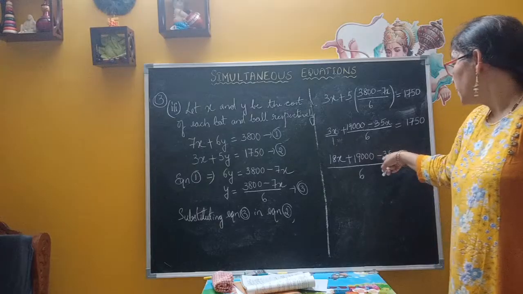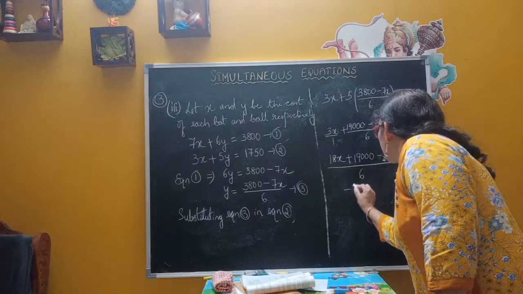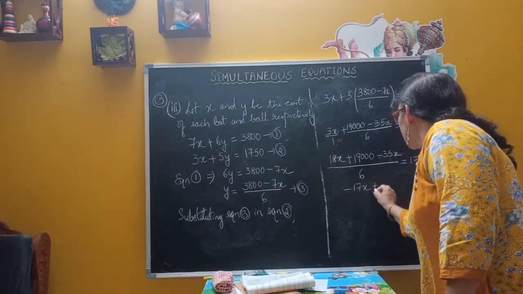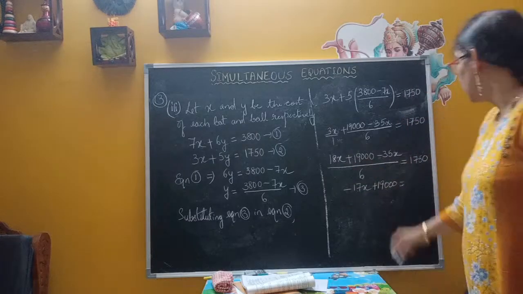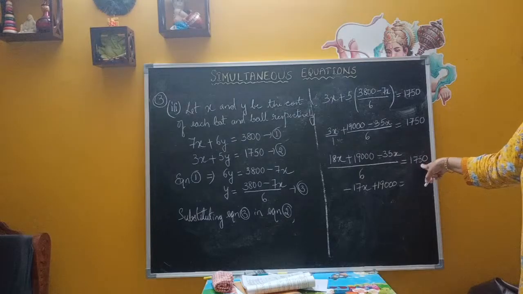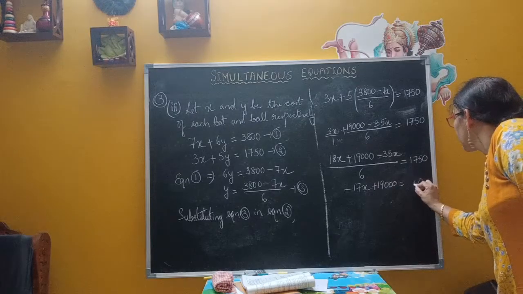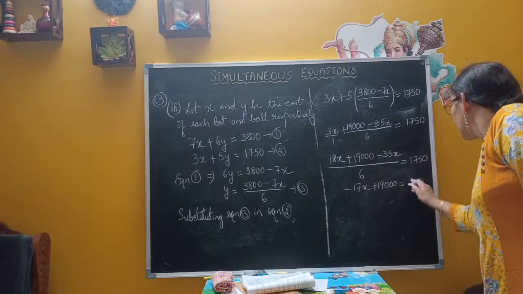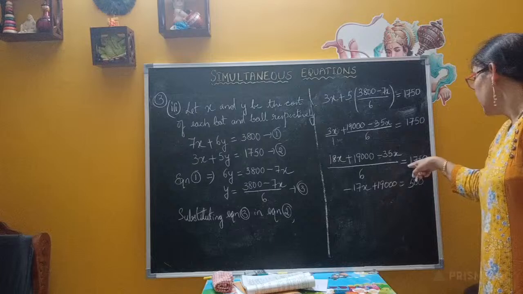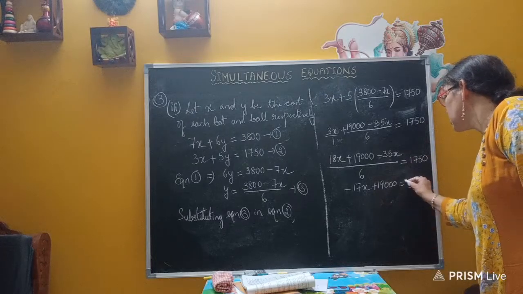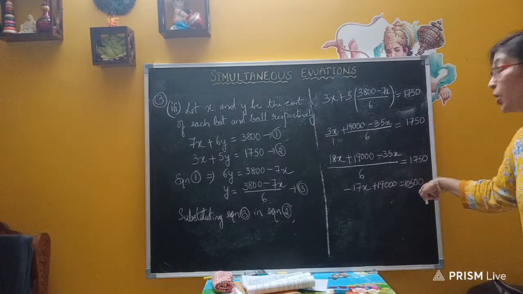This minus 35x, the bigger number has a minus sign, so it should be minus 17x plus 19,000 is equal to, since it is whole divided by 6, I can transpose by multiplying with 1750. So 1750 into 6, I get 10,500.